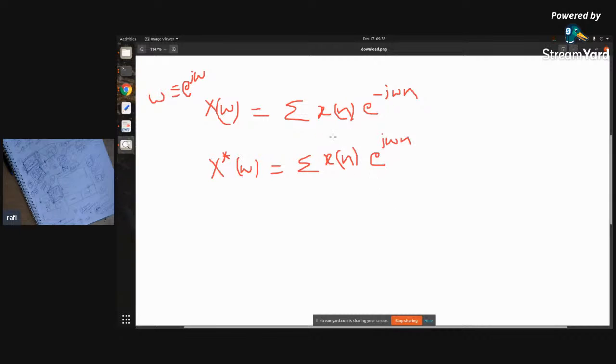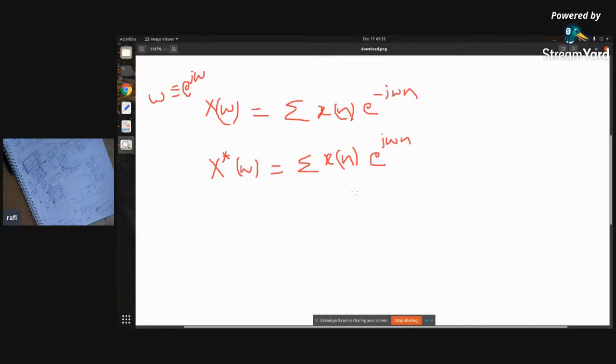The conjugate applies to this whole thing. The conjugate can go inside the summation and can be applied to each and every term when it is in multiplication. So x star of n is the same as x of n, because we are considering x of n real, and the conjugate of e power minus j omega n is e power plus j omega n.